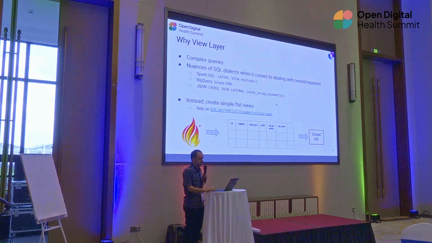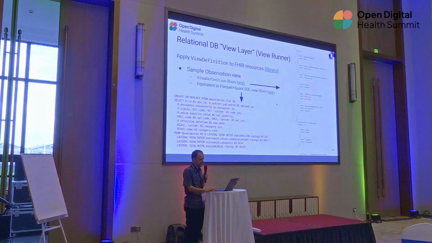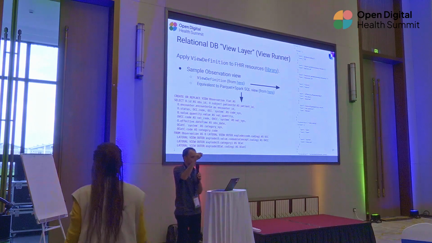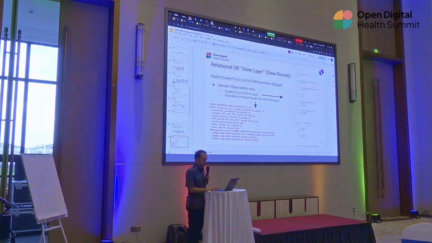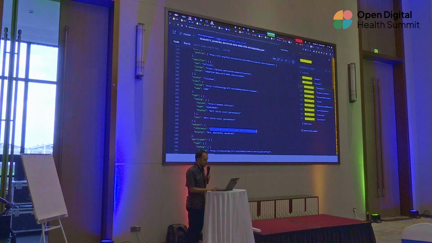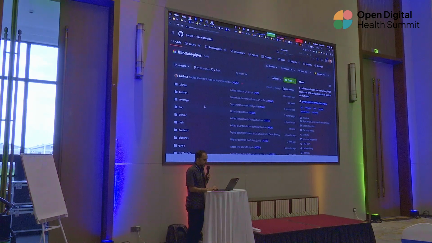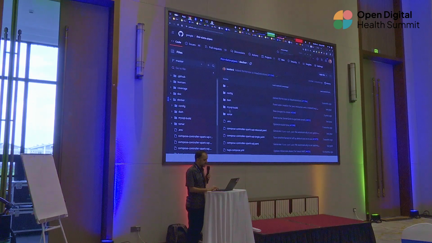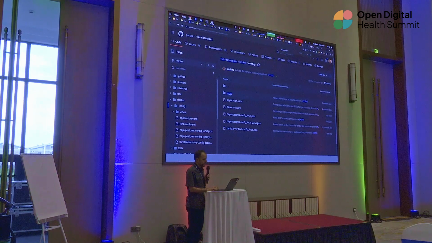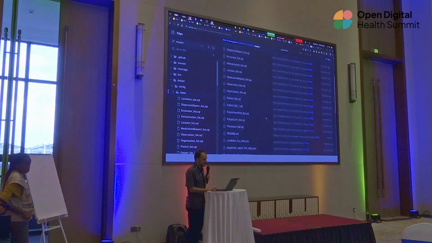If you look at examples, and I think I have one example, although it's not very easy to see. If you look at the directory in the GitHub repo, there are many examples of that. If you go to the repository, to FHIR data pipes, under Docker there is this config and views. If you go here, you will see examples of these flat views.